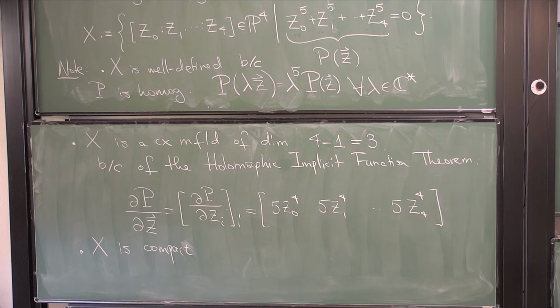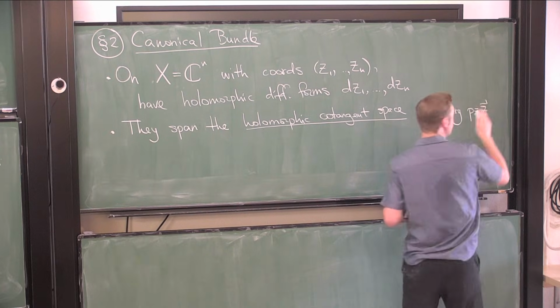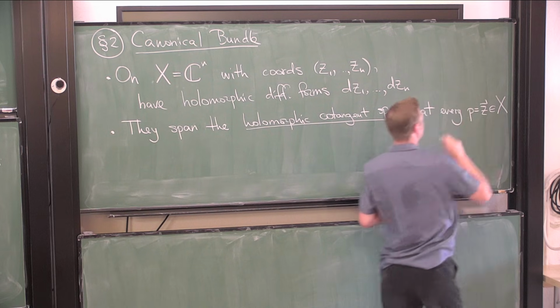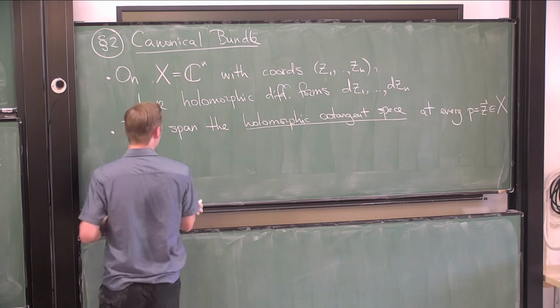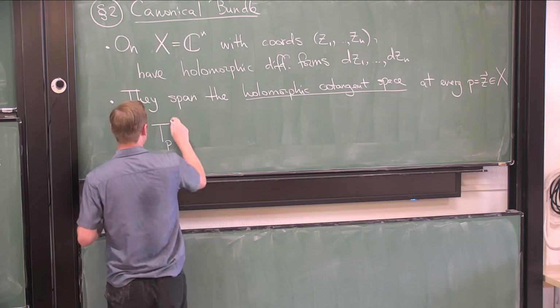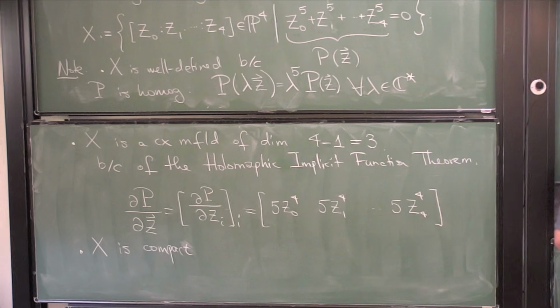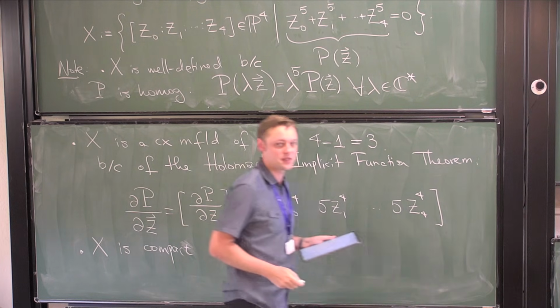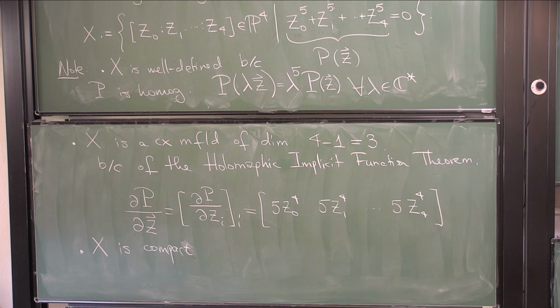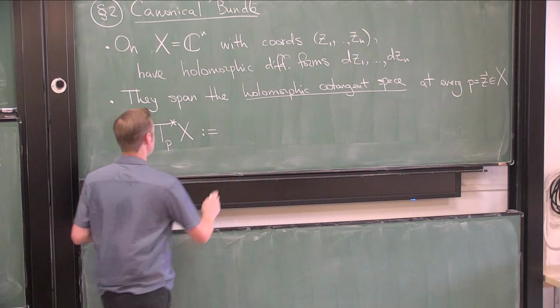So at every point P, which is the same thing as just a tuple of Z's in my C to the n, what is this? Let's give some notation. I'll write this as T sub P star X, the usual notation. It's very simple.